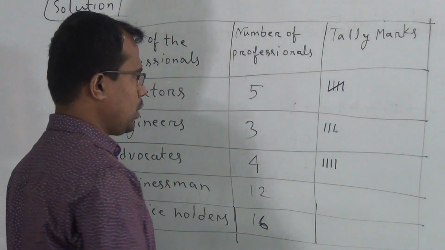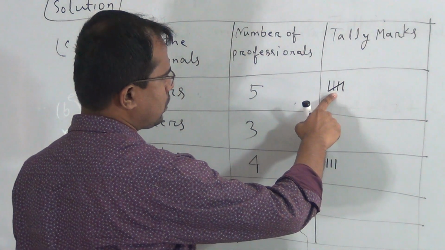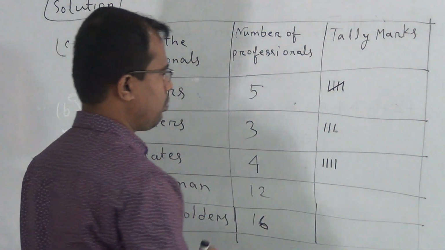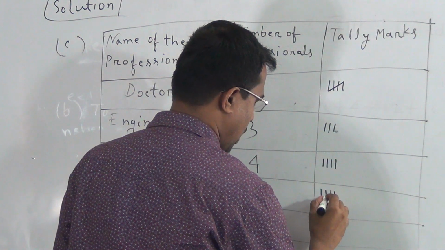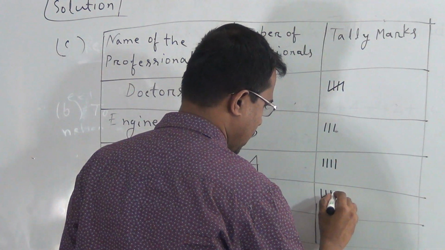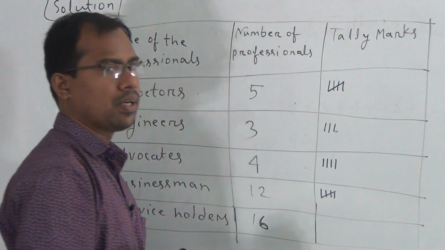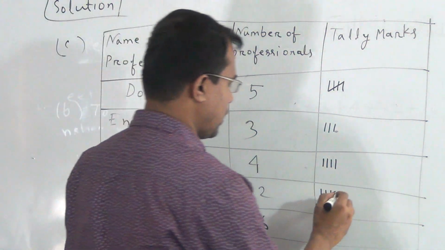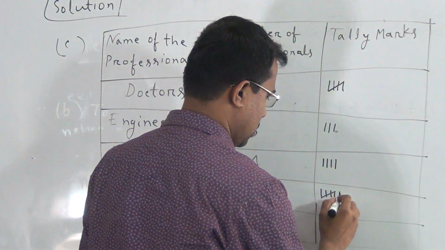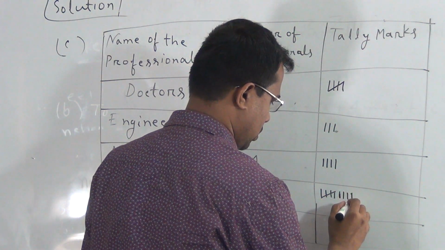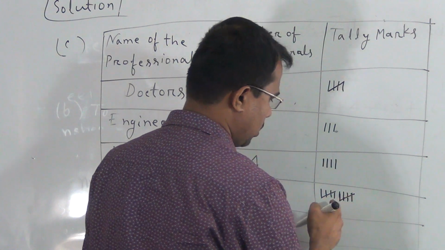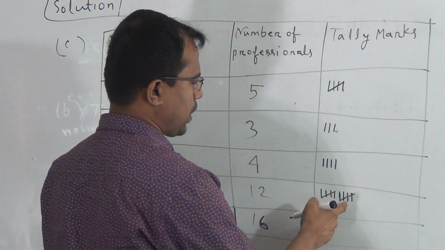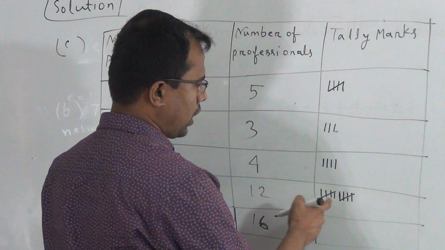For denoting 5, we can use this symbol. That means at first we will give 4 lines, then we cut these 4 lines diagonally, then this indicates 5. Now again we will give this sign. This also indicates another 5. That means 5 plus 5, total 10.